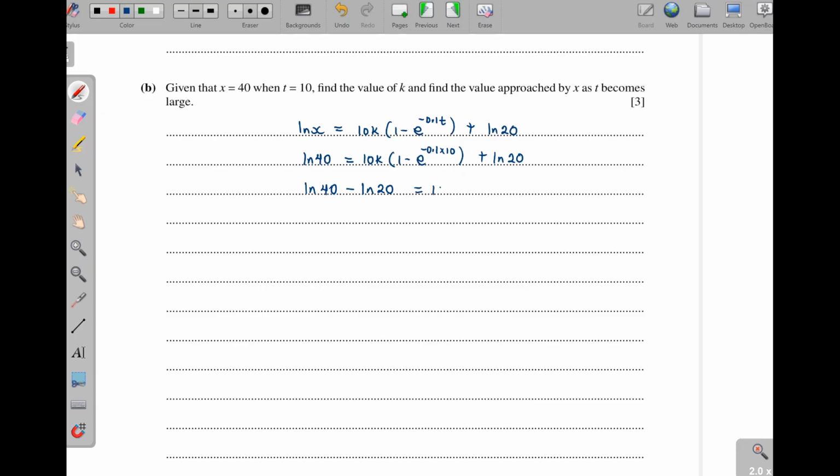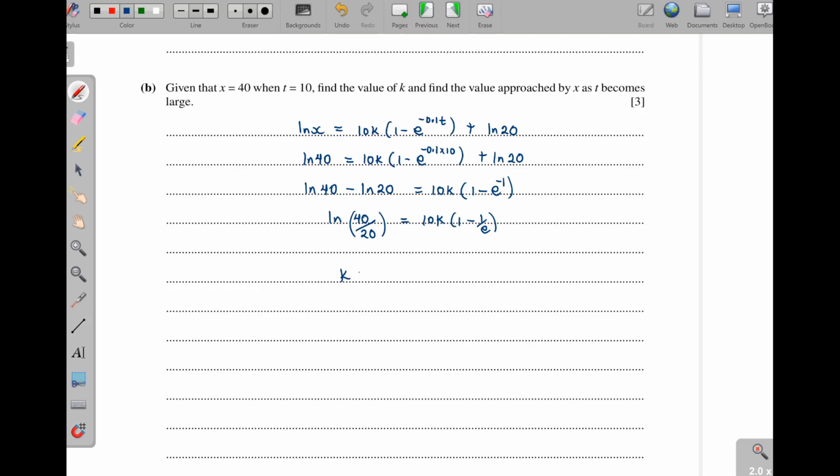Then here we get 10k, and then 1 minus e to the power of negative 1. Okay, and then this one will be the natural log of 40 out of 20. Not so? Then this will be 10k, 1 minus, I can say 1 over e.